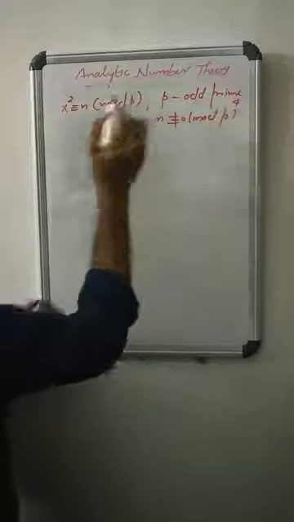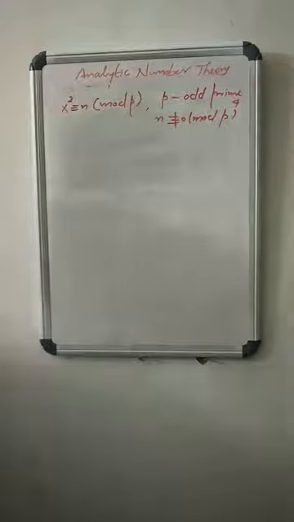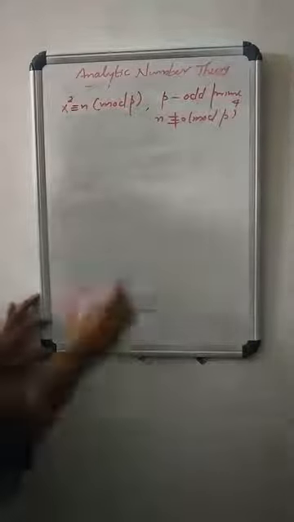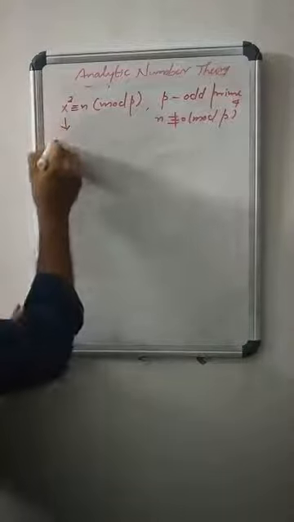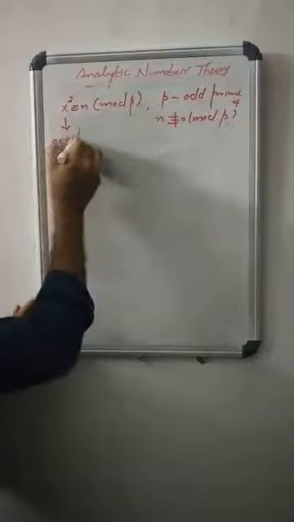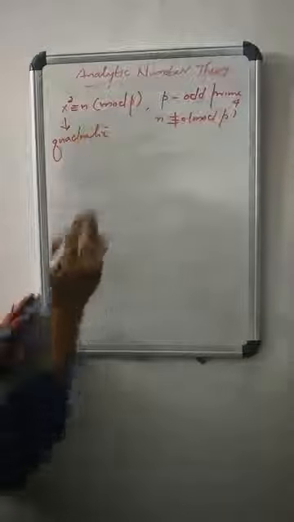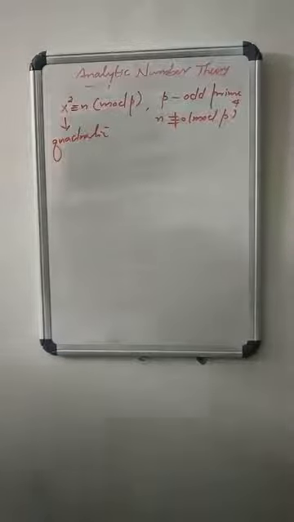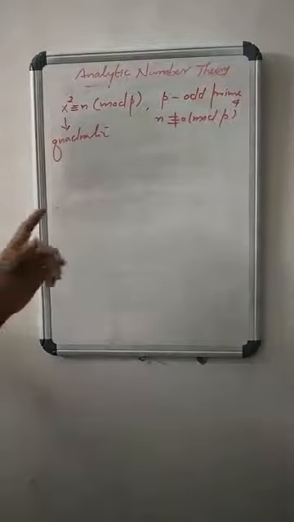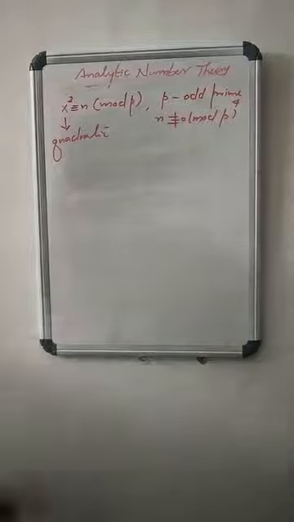Then this congruence form is said to be a quadratic congruence. Quadratic means second degree. So a congruence x squared congruent to n mod p, where p is an odd prime and n is incongruent to 0 mod p, is said to be a quadratic congruence.